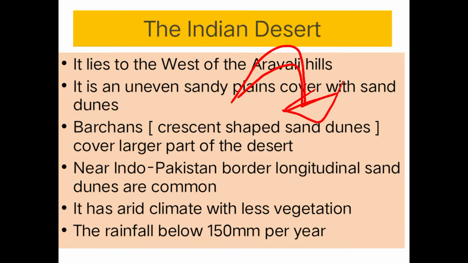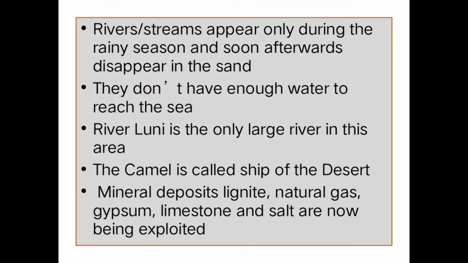It has an arid or hot climate with very little vegetation, and the rainfall is very, very low. It is 150 millimeters per year. The river streams appear only during the rainy season, and soon after the rainy season they disappear.